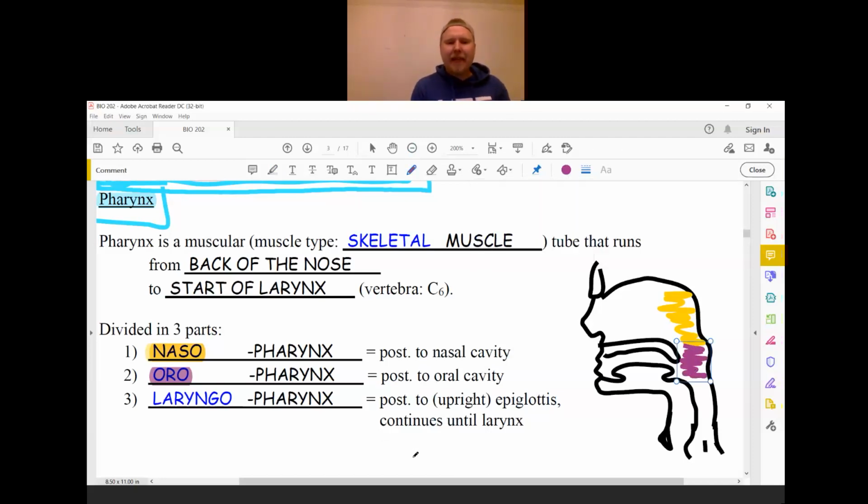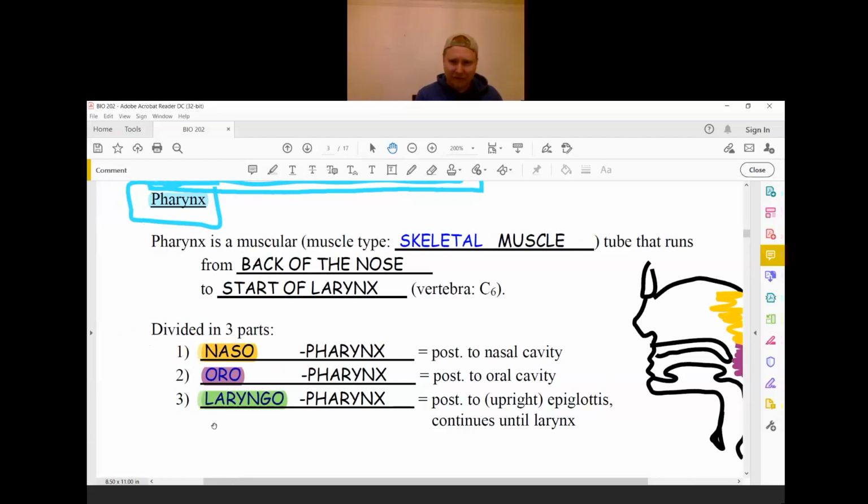And finally, the most inferior part that we see is going to be our laryngopharynx. Let's add that to the diagram as well. That continues to the level of the epiglottis, which is one of the structures that we'll be talking about in a little bit, and continues in general until the larynx. So that's why the term laryngopharynx is used to describe that. So those are the 3 portions for us to know in regards to the pharynx.